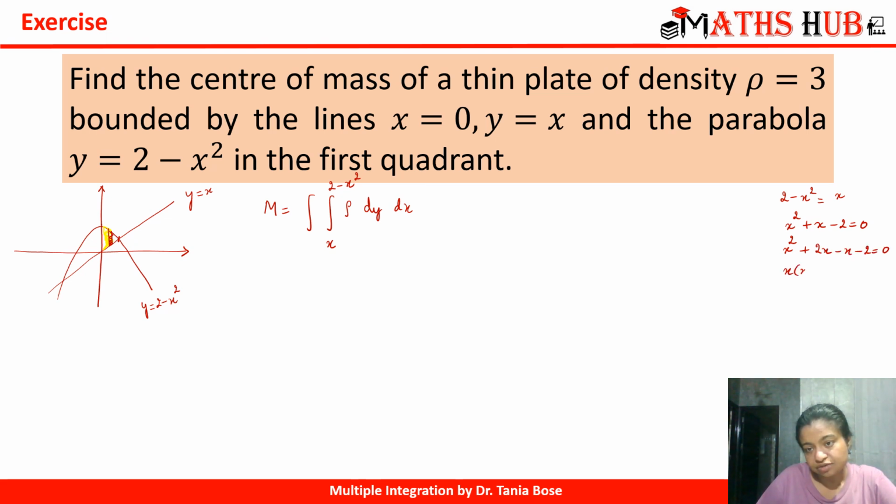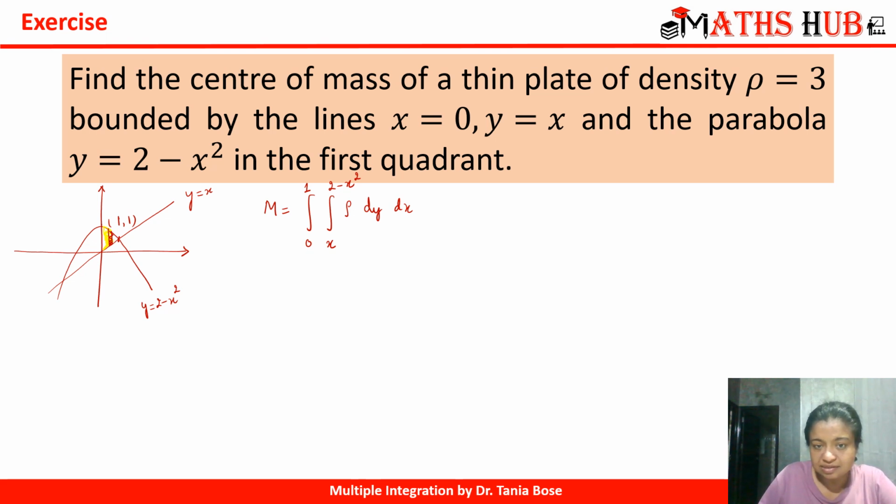So x into x plus 2 minus 1 into x plus 2. So x is 1 or minus 2. So this point is 1, 1, right? Let me clear this portion. And from here, we get the limits of x as 0 to 1, the minimum to the maximum limit, right?